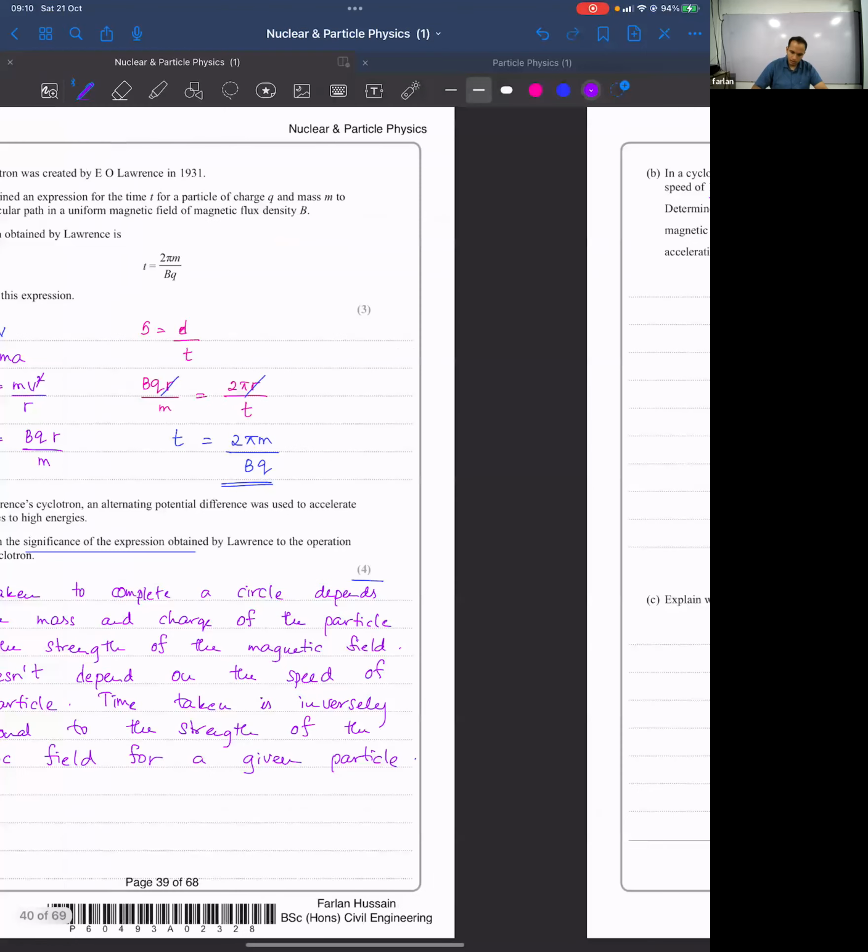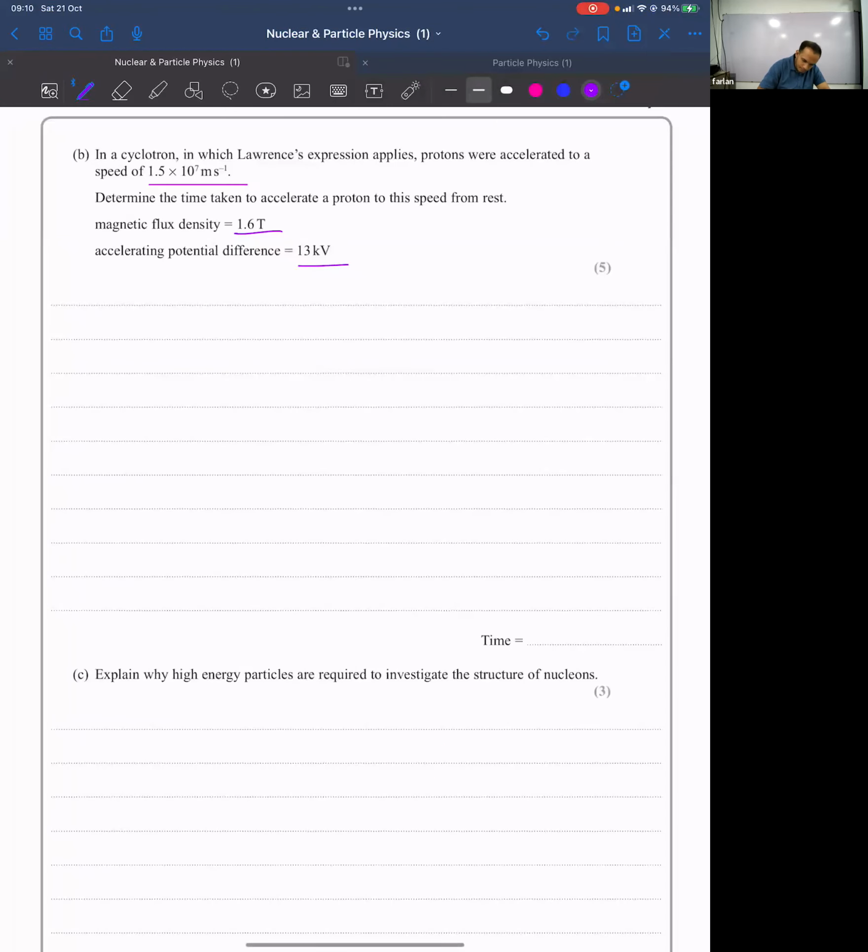We have the equation T equals 2 pi m over Bq, that is what we got in the previous part. Speed is given.